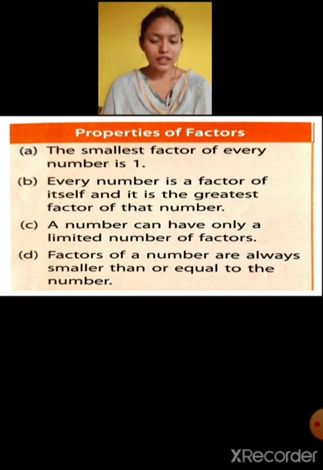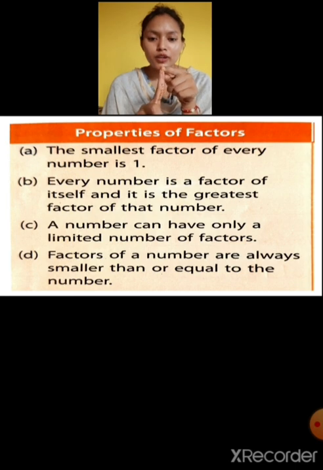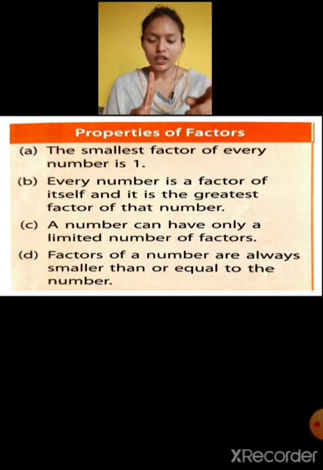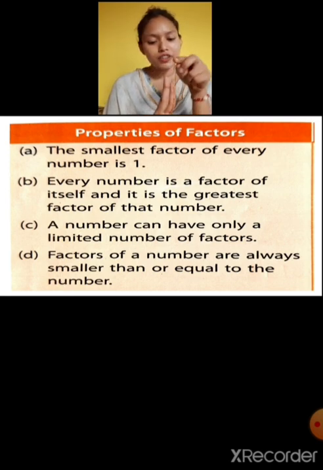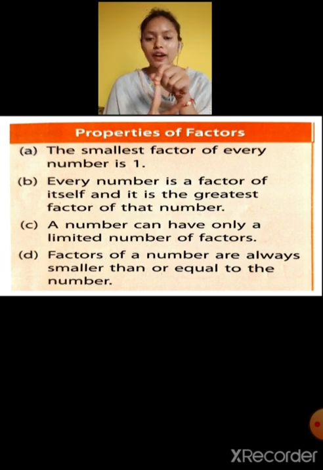First, every number has the smallest factor as 1, meaning 1 is a factor of all numbers. Second, every number is a factor of itself, and it is the greatest possible factor.